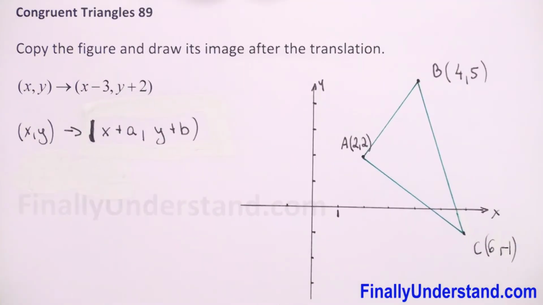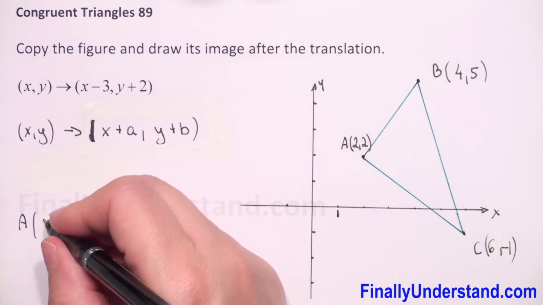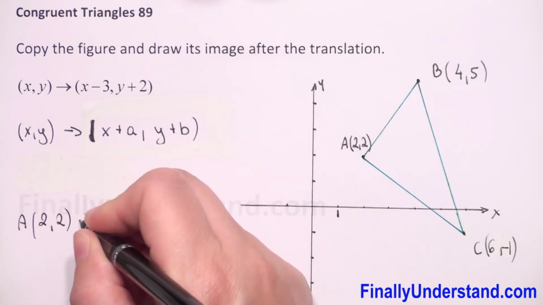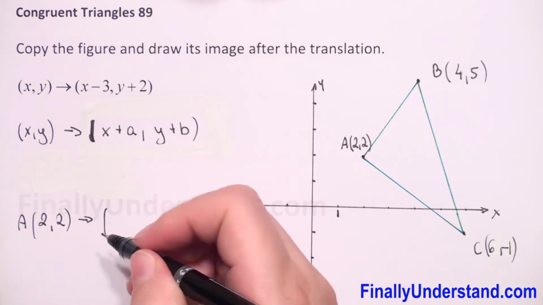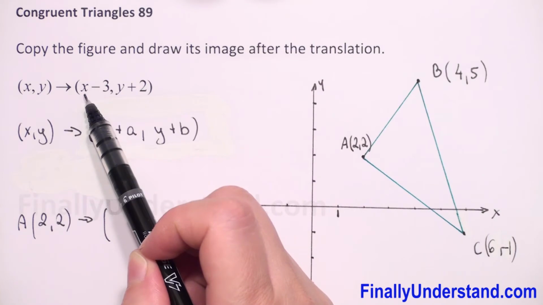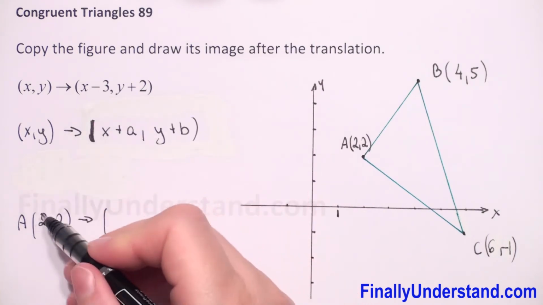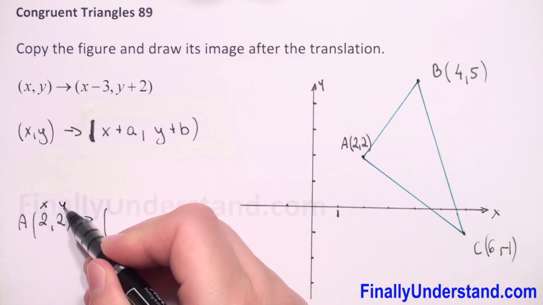So let's copy our first point. A has coordinates (2, 2), and it means we have to substitute x by 2 and y by 2. This is our x, this is our y.